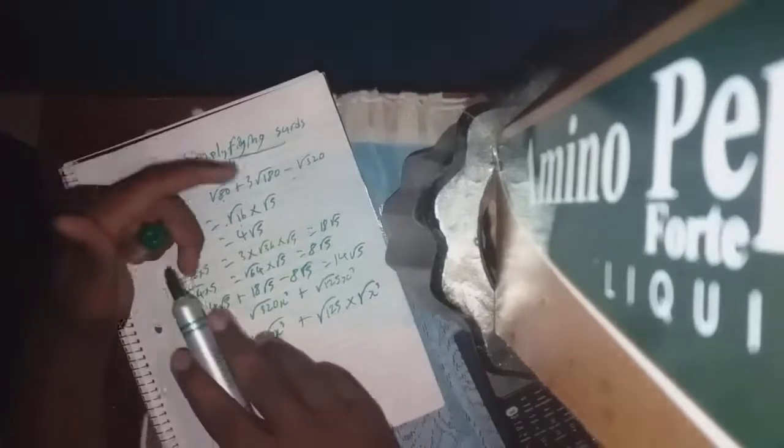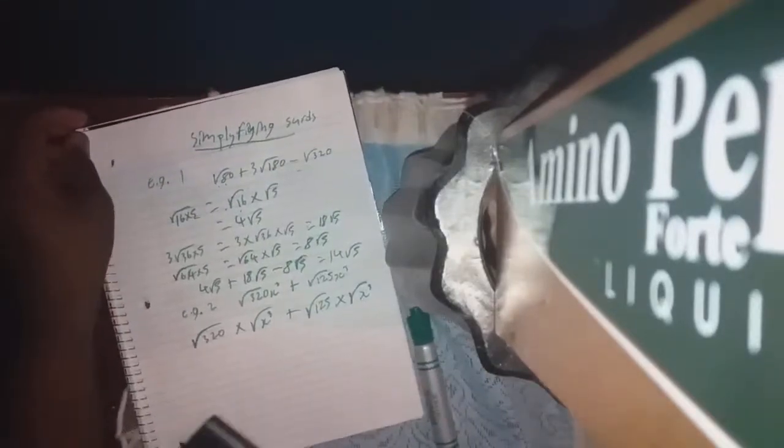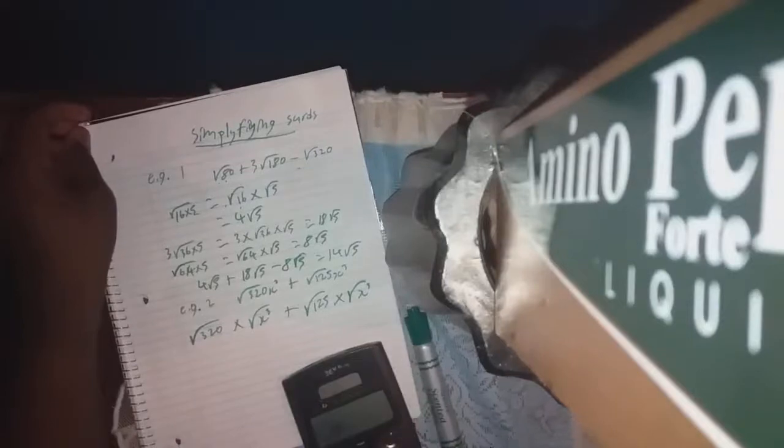Then we can search again for the highest square number and the other number that we get for the 320.